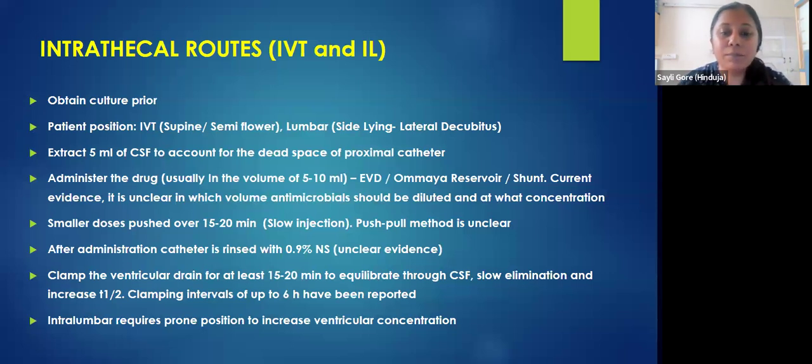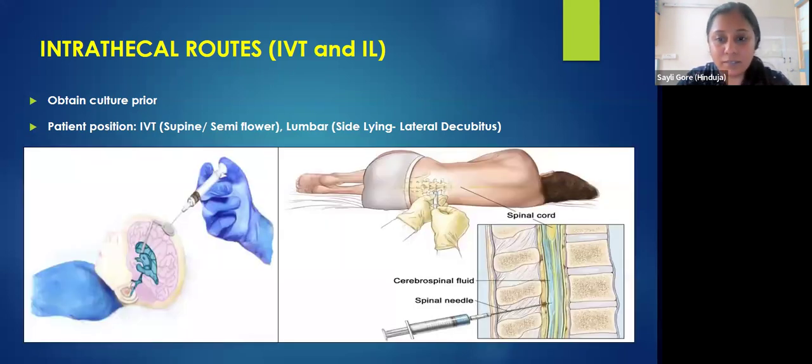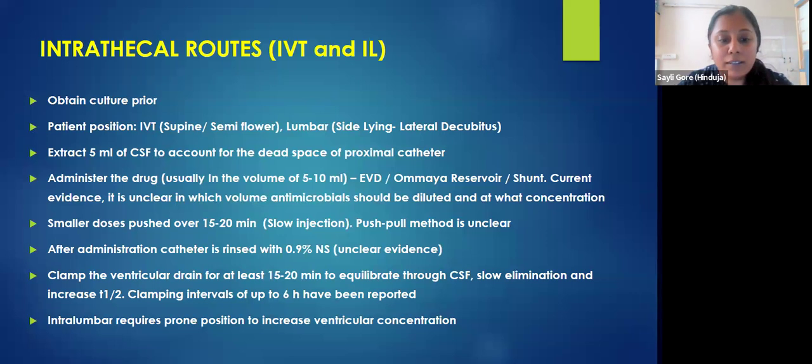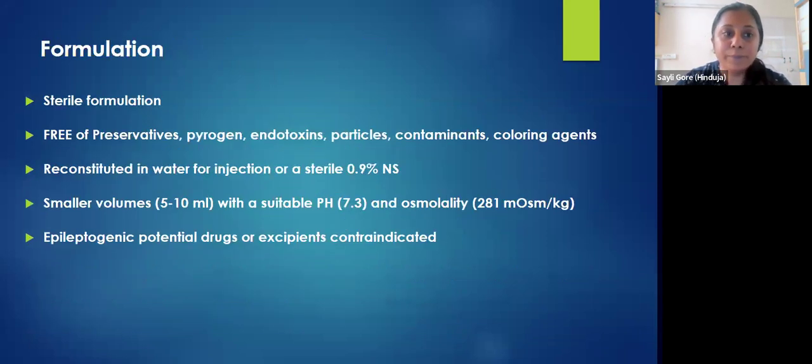There are many drugs that enter the bone and the spine, so you don't really need to give intralumbar antimicrobials. Even if they are giving it, intralumbar requires a prone position to increase the ventricular concentration as well. If any infection is in the lumbar region, the brain will definitely also be targeted. That is also one reason why intraventricular routes are preferred over the intralumbar.